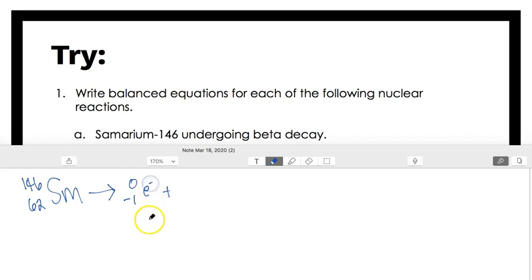You could write it like that, or you could also replace it with this symbol right here, a beta symbol. And again, a neutron gets converted into a proton, so it has a new atomic number of 63. Notice how 63 minus 1 is 62, so you could think of it that way too. And the mass doesn't change. If you look at the periodic table, 63 is europium.